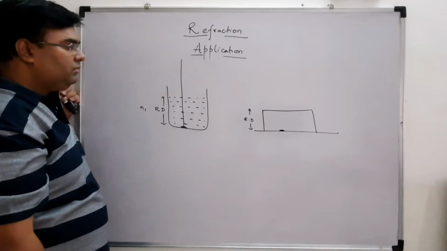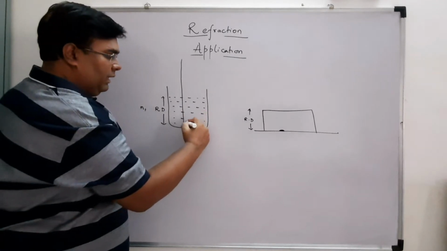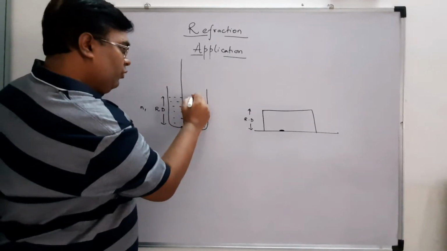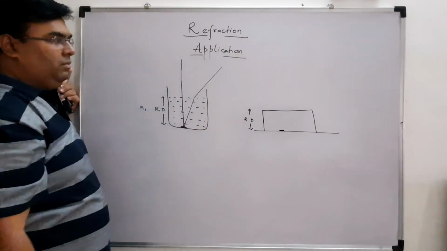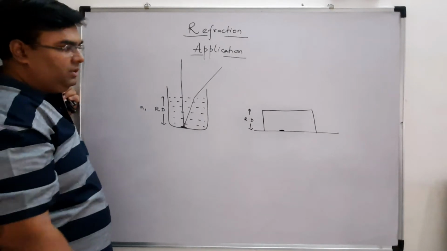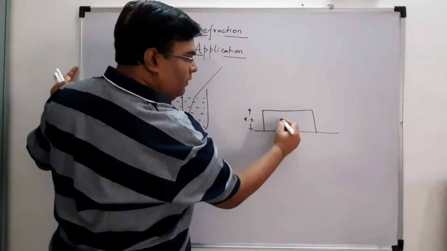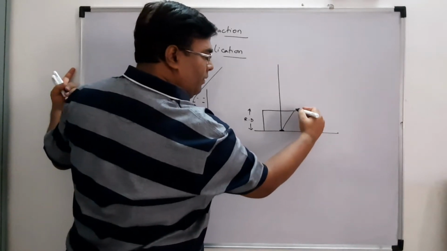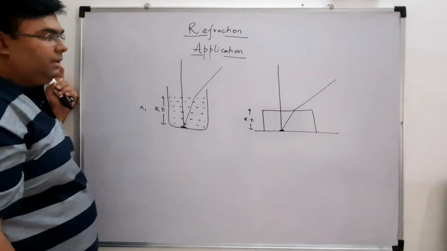Now one more ray I will draw like this, and if you draw a normal here, it will go away from the normal. Similarly, we can draw one ray here which is normal and one ray which goes away, correct?